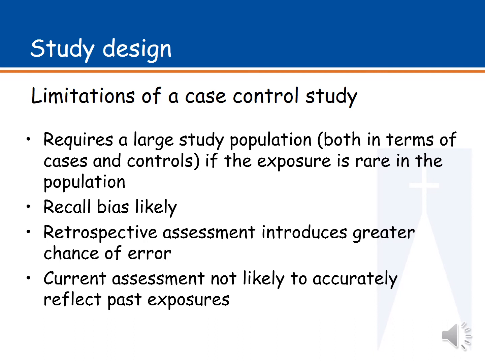So any current assessment, with the assumption that a current assessment is indicative of ongoing exposure, will not really work if you have a disease outcome where people may change their exposure. They may actually change their behaviors. So it doesn't accurately reflect their past exposure, their exposure in the time frame that you were really interested in.